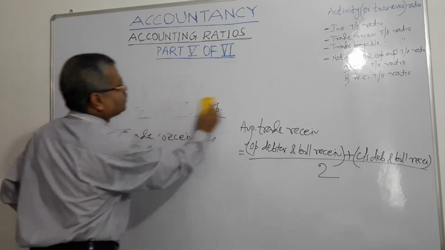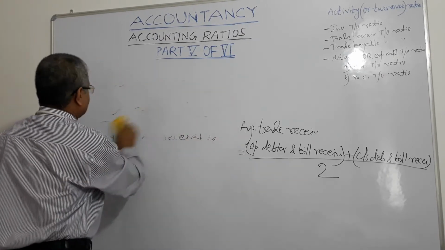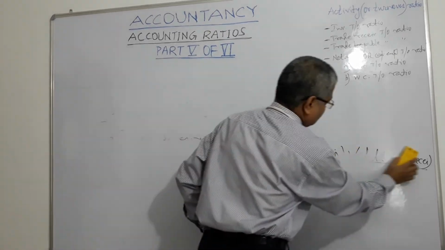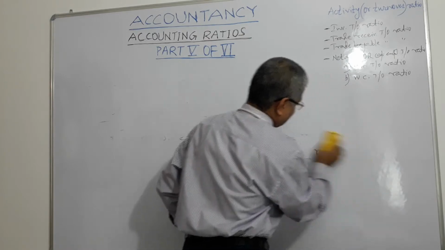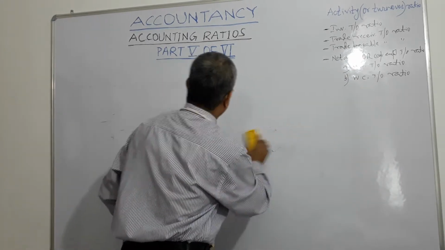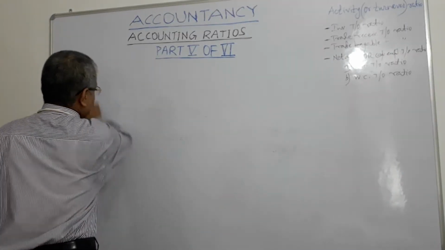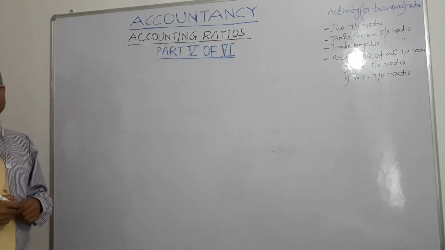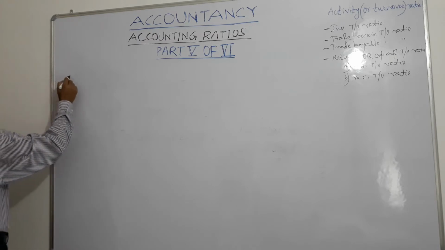Now we will go to the third ratio, that is trade payable ratio. Right now we saw trade receivable turnover ratio. Now we will see the opposite one, trade payable turnover ratio.